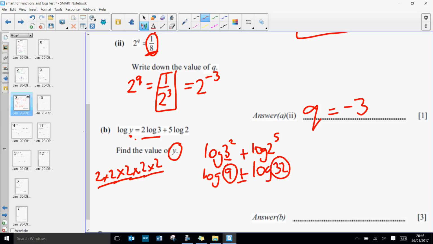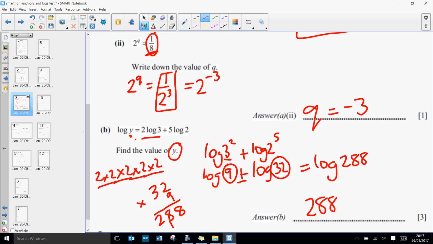If you're not sure about what's 9 times 32, just write it out. 9 times 32. 2 9s are 18, 3 9s 27, plus 1 is 28. So this would be log of 288, which means that y is 288. It's not log 288.